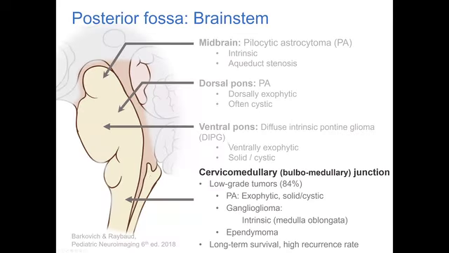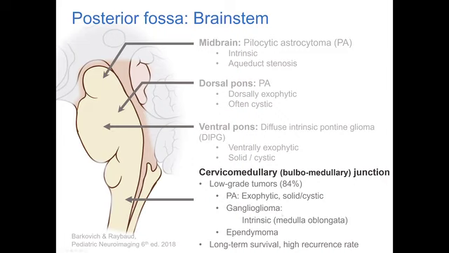Let's move down to another location, the cervicomedullary junction. At the cervicomedullary junction, again, the most common tumor types are low-grade tumors. 84% are low-grade, either pilocytic astrocytoma or another interesting tumor, ganglioglioma.